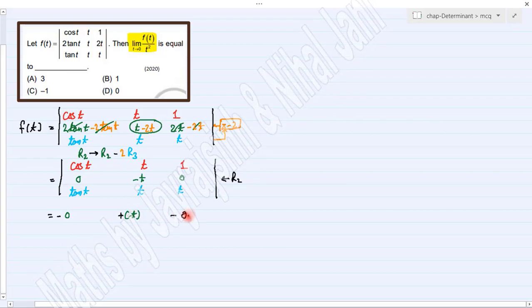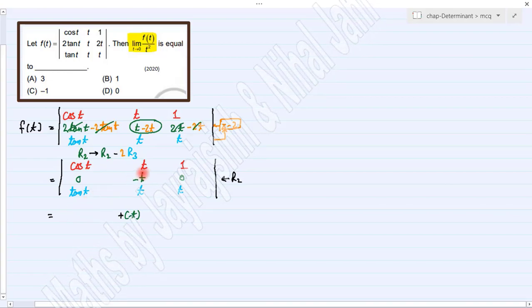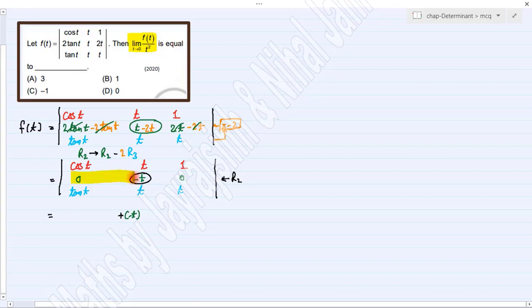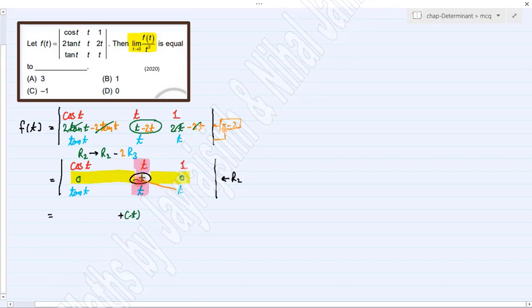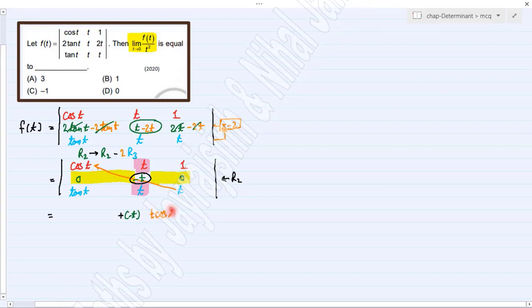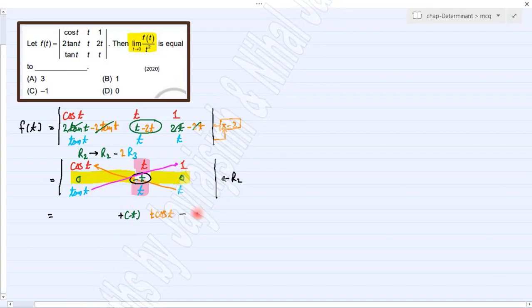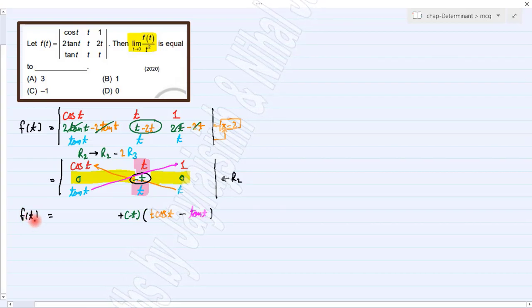We don't have to worry about these two elements because they are 0. Just find the minor of minus t by ignoring its row and its column. So we have to multiply t with cos t, which will give us t cos t, minus 10t with 0 will give us 10t. So we get our f of t.